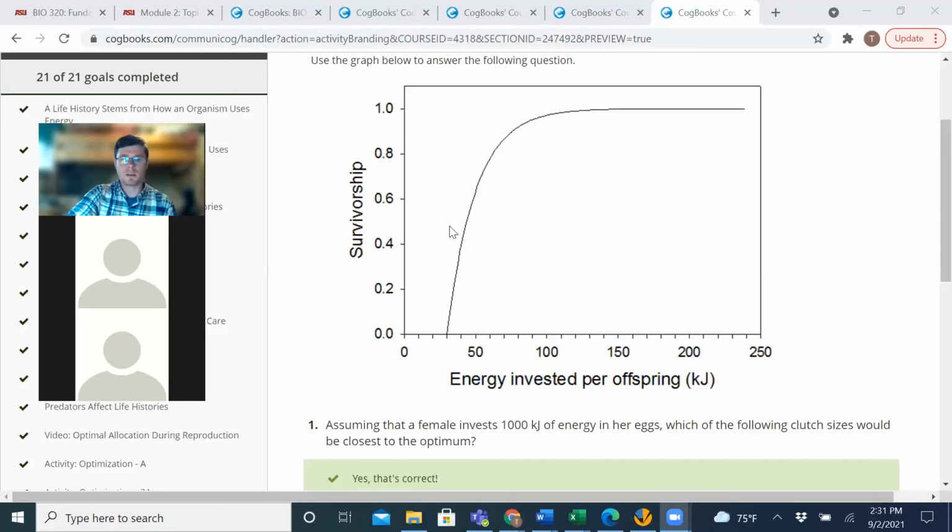Let me share my screen real quick just to make sure we're all on the same page. So this is going to be this kind of chart where you're given a scenario. So assuming that a female invests X amount of energy, in this case, it was 1,000 kilojoules. And you have your kilojoules here and your survivorship here. Remember, we're finding the tangent line will be the optimal point.